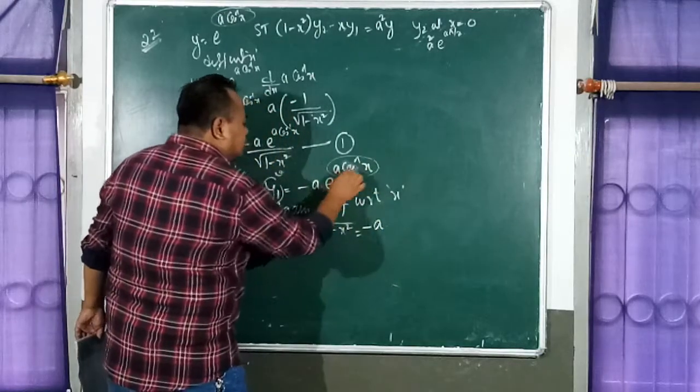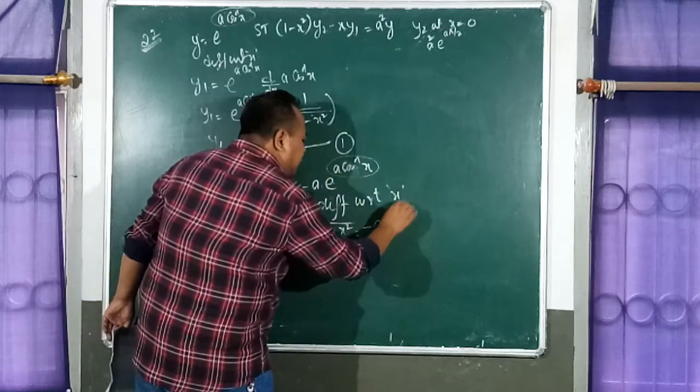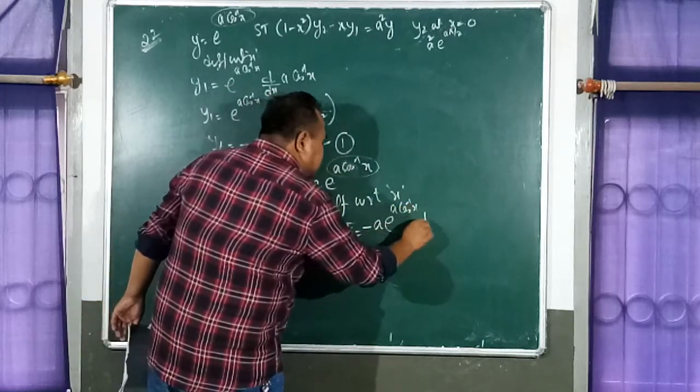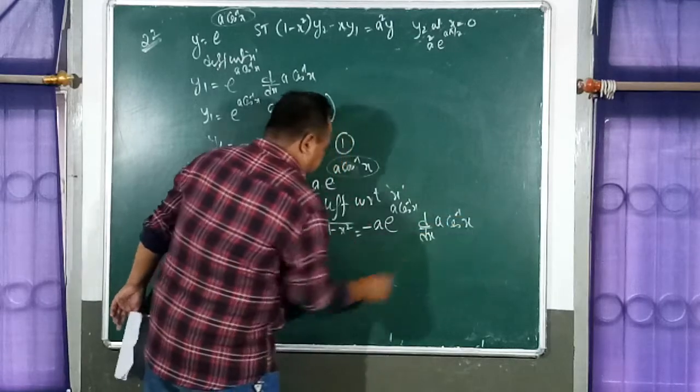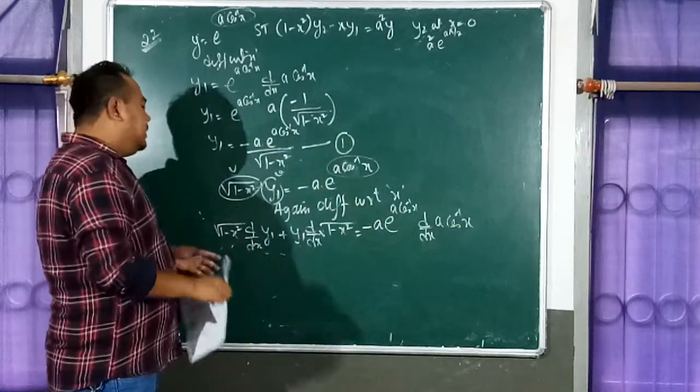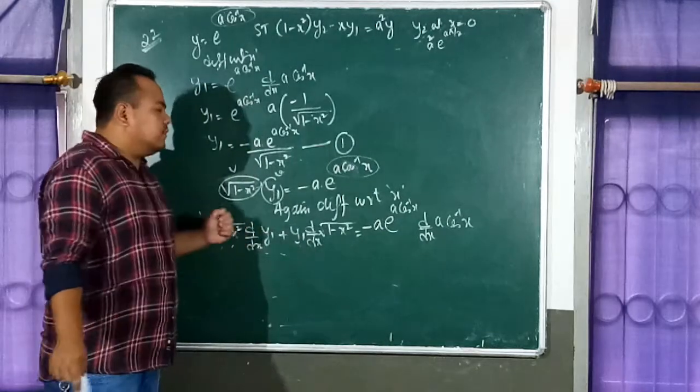Differentiation of e should always be with x, so e to the power x, but this is just an assumption, a cos inverse x. As I told you, only this step is going to be a bit difficult.